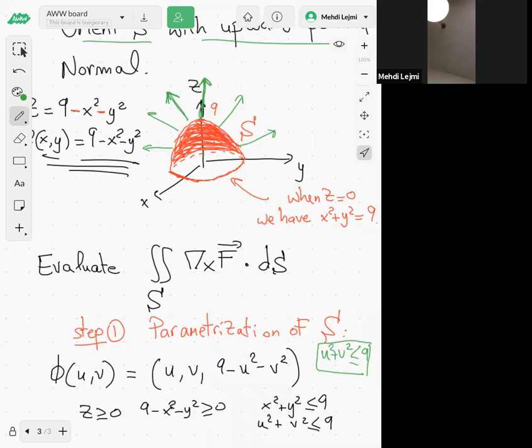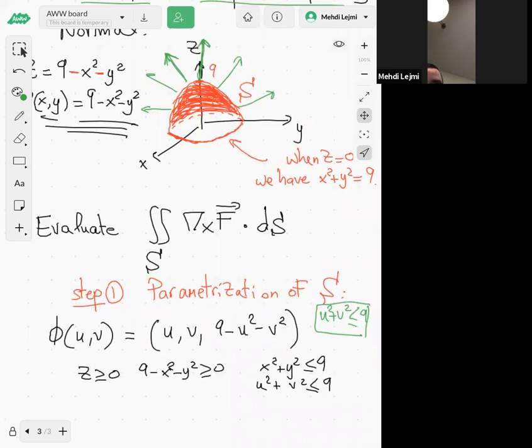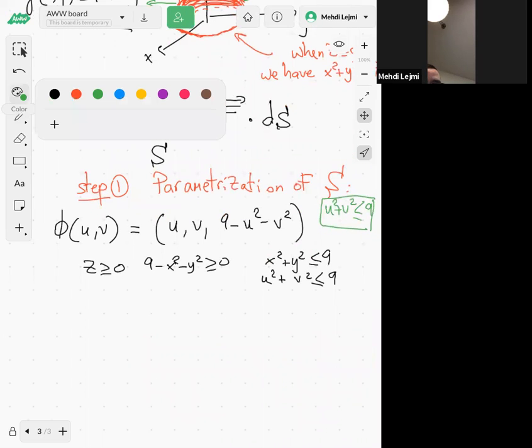All right. So that's the parameterization of S. And then you need to compute.